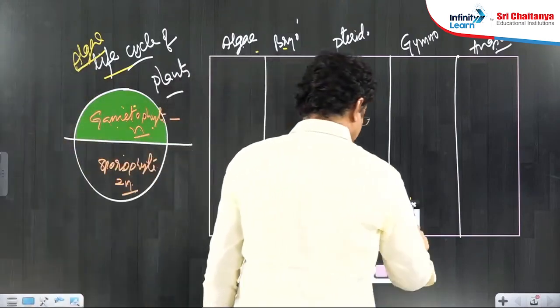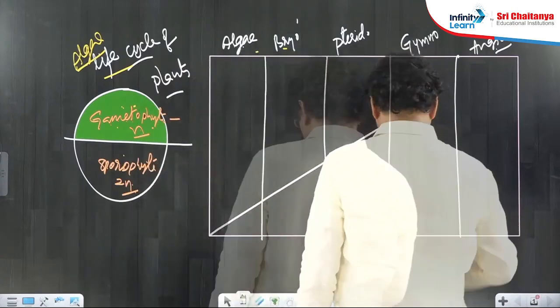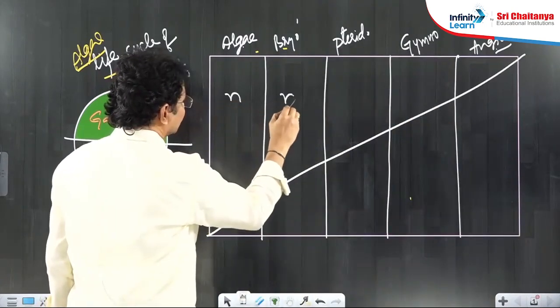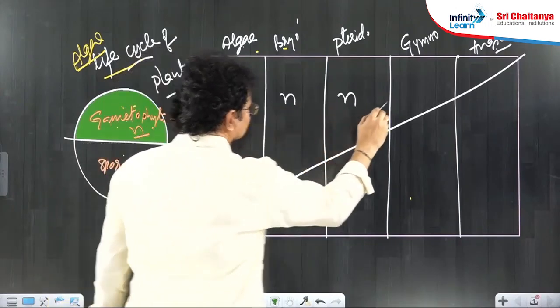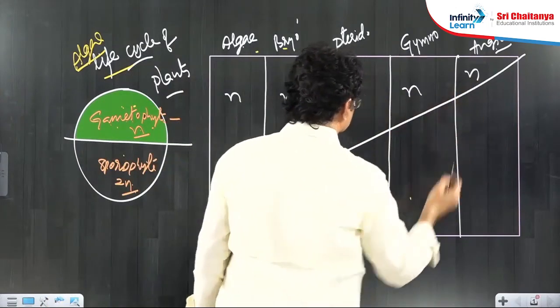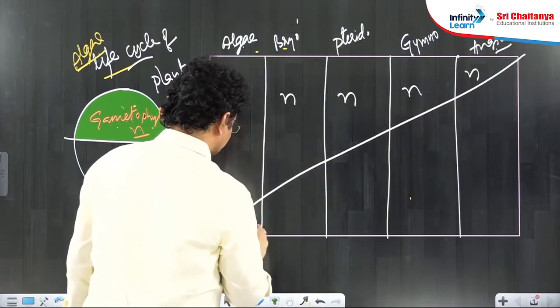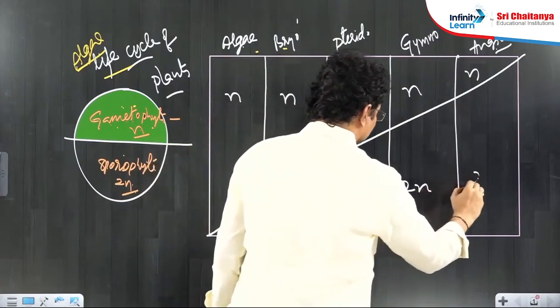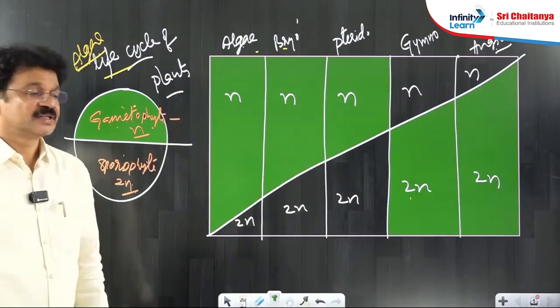To explain this concept, I can use one representation here. It is a haploid gametophyte. Again, haploid gametophytes. These are diploid sporophytes, 2N. Identify the colors.